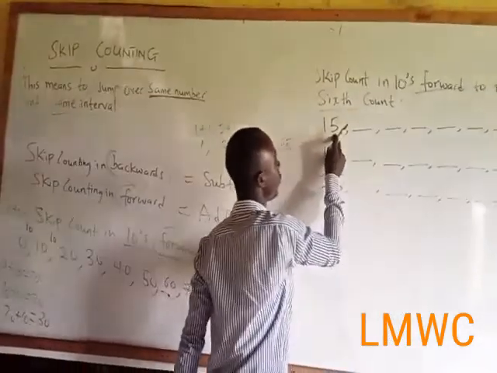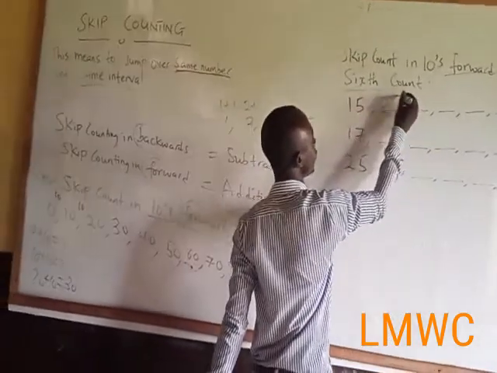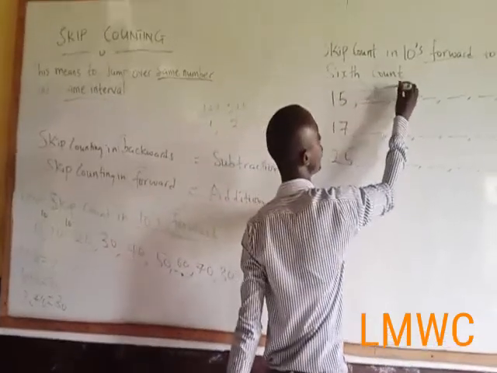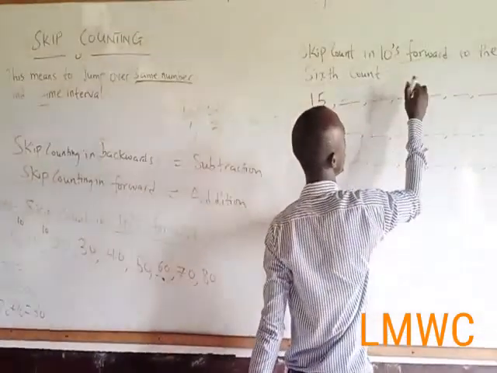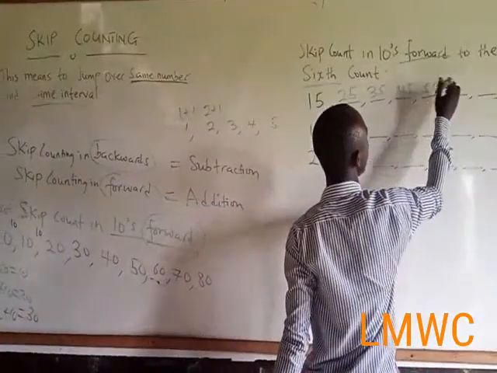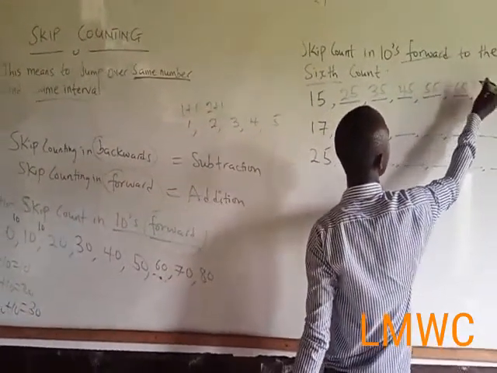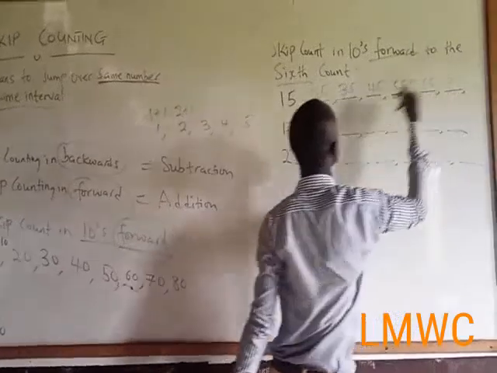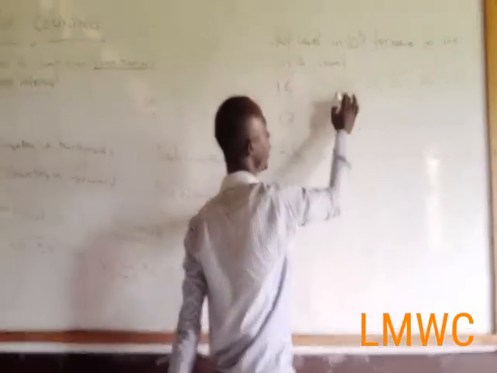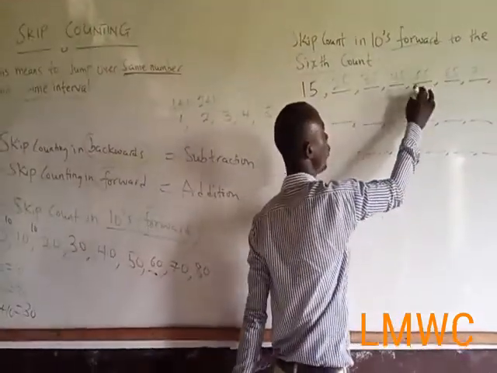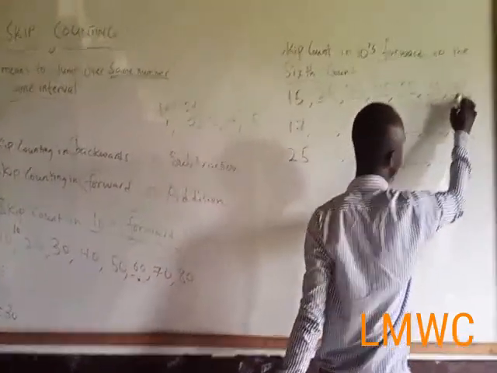So 10 plus 15 is what? 25. 10 plus 25, 35. Plus 10, 45. Plus 10, 55. Plus 10 is 65, and plus 10 is what? 75. So you see, it's the 6th count. This is the first count, second count, third count, fourth count, fifth count, and what? 6th count.